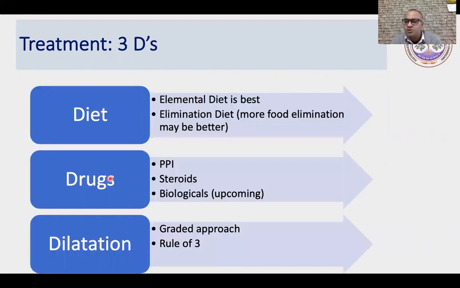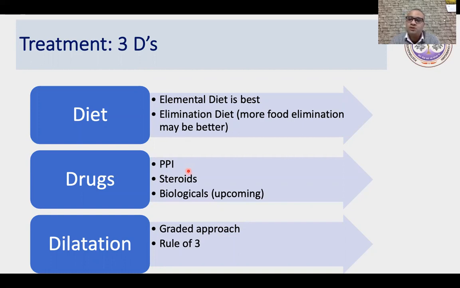So treatment includes changes to the diet, and in fact, the elemental diet has excellent results for management of eosinophilic esophagitis. Elimination diet is more acceptable for the patient and easier to administer than the elemental diet. Then many people are not really interested in taking diet over the long term.